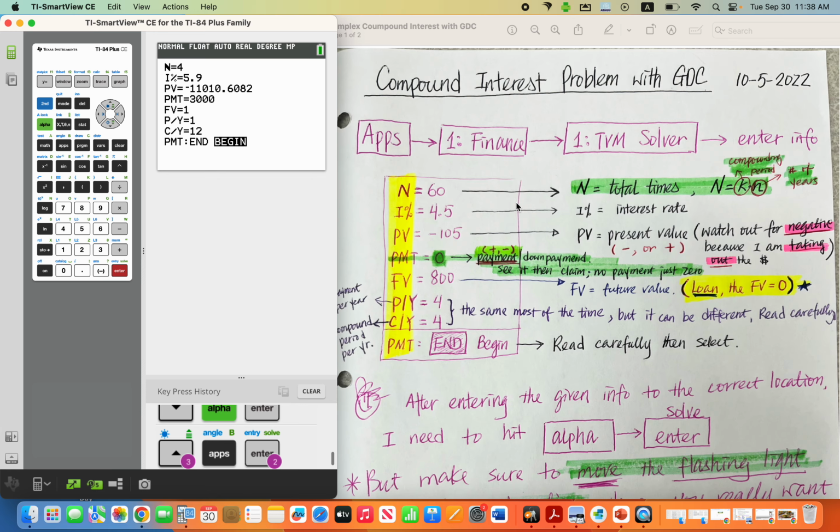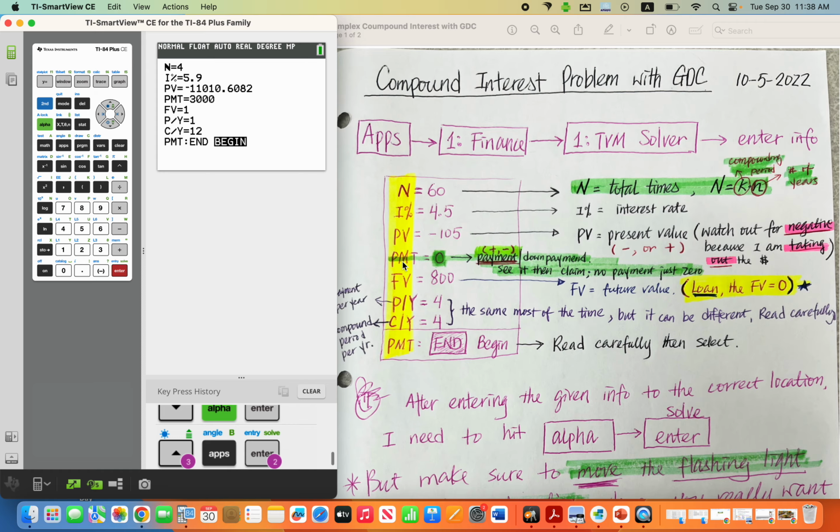Remember that detail. Interest rate, what you see is what you get. PV is the present value, which can be negative or positive. Think about that. If you need to take out money, then you are losing the money right now, so that becomes negative. Or if somebody gives you some free money, you gain some money, so that can be positive.